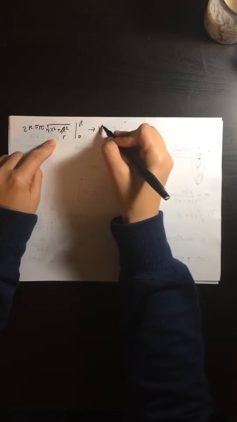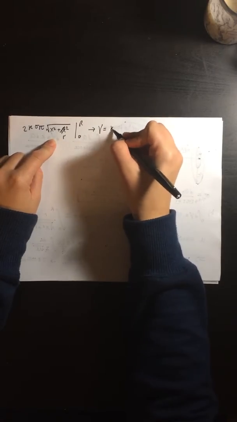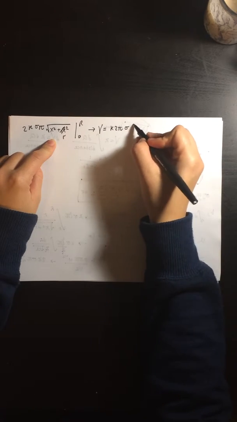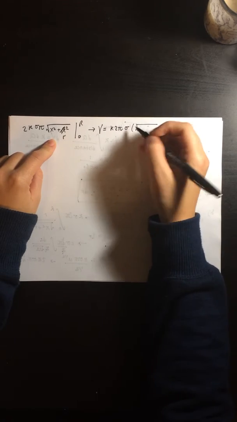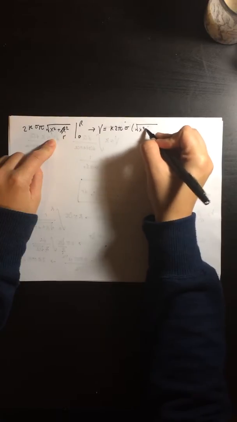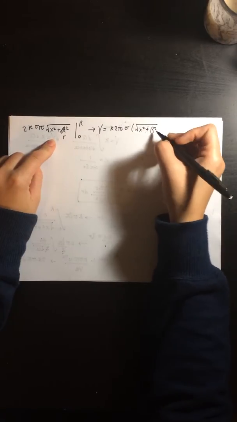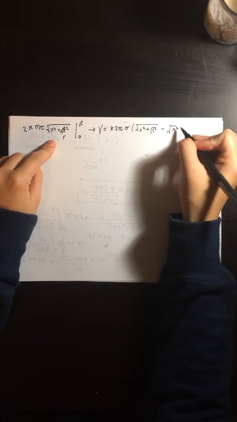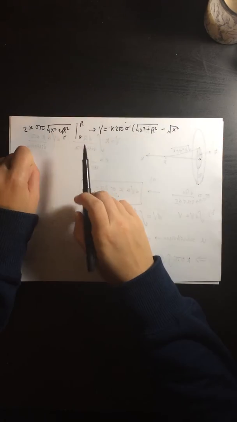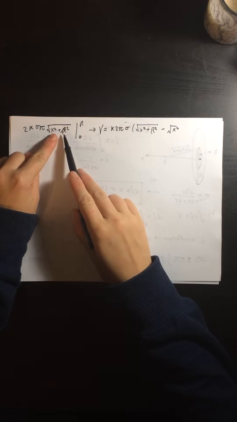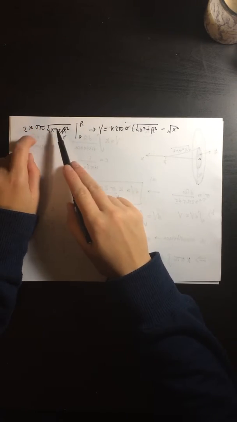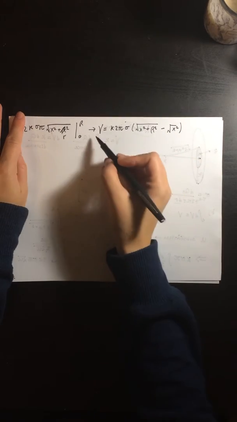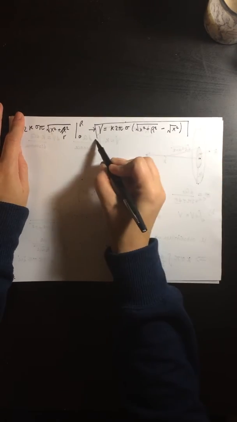So we get that the voltage is equal to k 2 pi charge density times the square root of x squared plus big R squared, because we put that in now, minus square root of x squared, because when r is 0, you just have square root of x squared here. So this is what our voltage is going to look like.